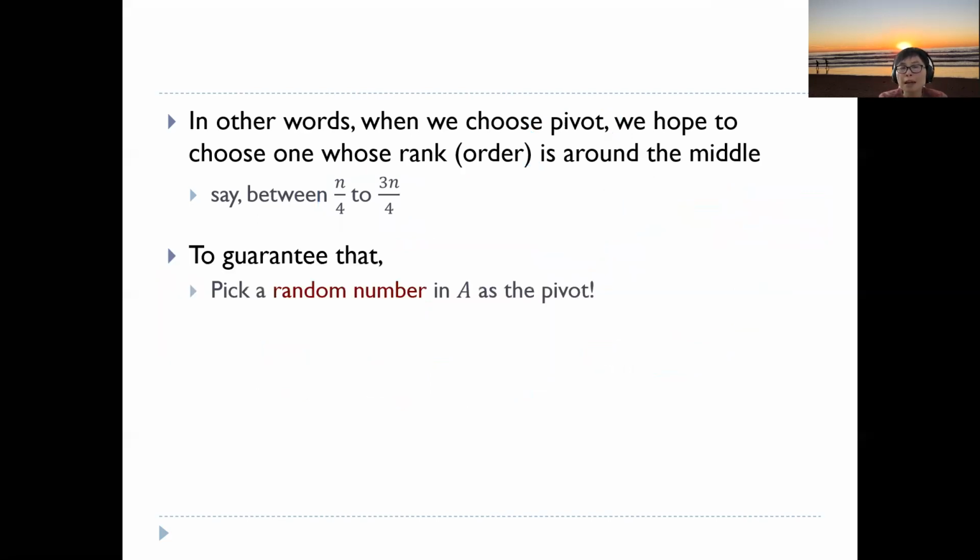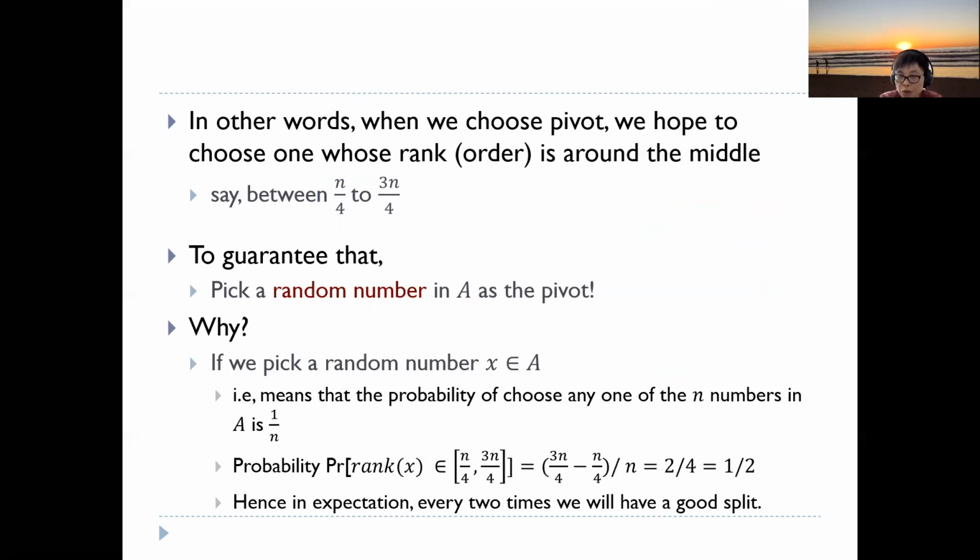Well, if I pick a random number in your input array as the pivot, what's the chance that the order of this pivot falls within n/4 to 3n/4? It turns out to be 1/2. Why? Because if I pick a random number, any of the n numbers can be picked with probability 1/n. And then what's the probability you pick one number whose rank is between n/4 and 3n/4?